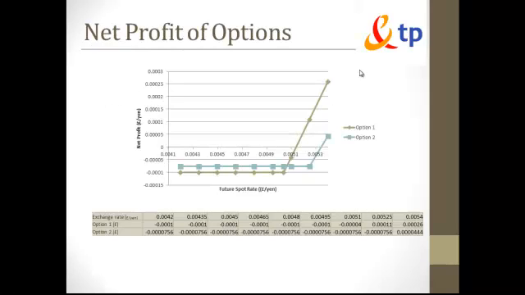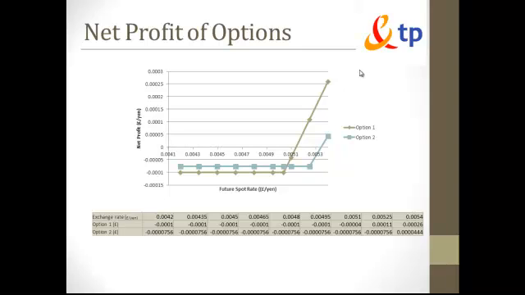Now we're going to look at the volatility, and we're going to look at the payoff of the two options. As you can see, with the first option, when it's out of the money, we make a net loss, up until slightly past when it's in the money, as you can see when it starts to rise.